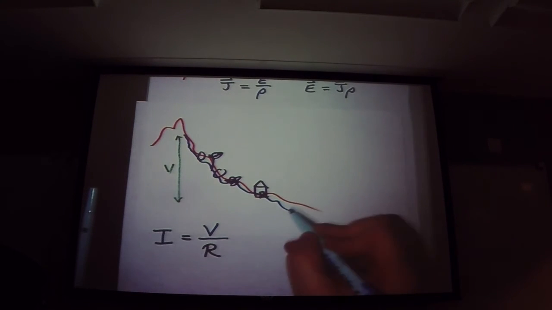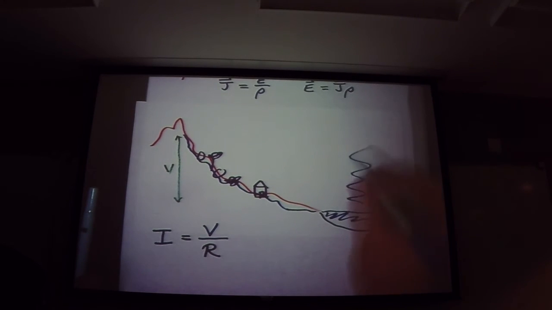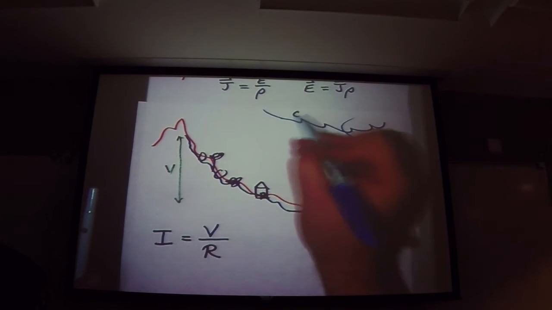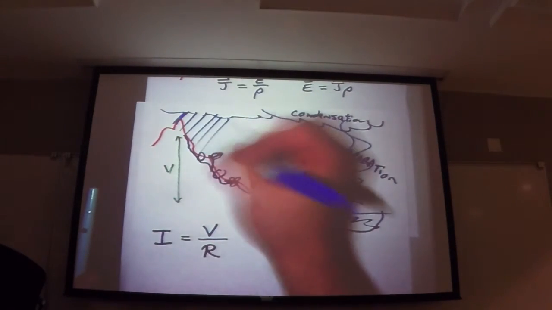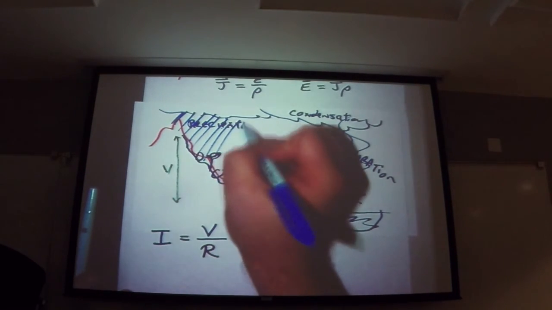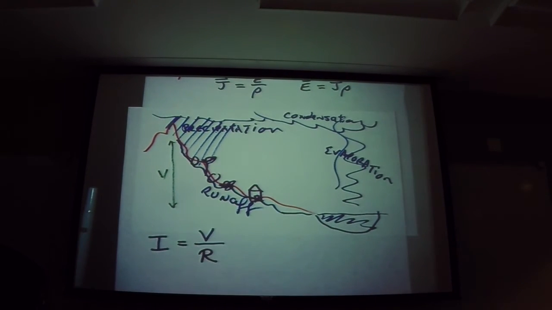In this case, the water goes down to the ocean, then you have evaporation, and then condensation, precipitation, and runoff. A complete circuit of water. Same thing with current. You must have something to complete the circuit, or it won't go. It'll stop.